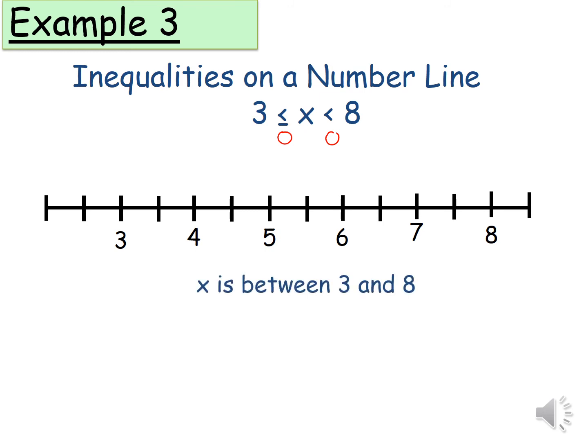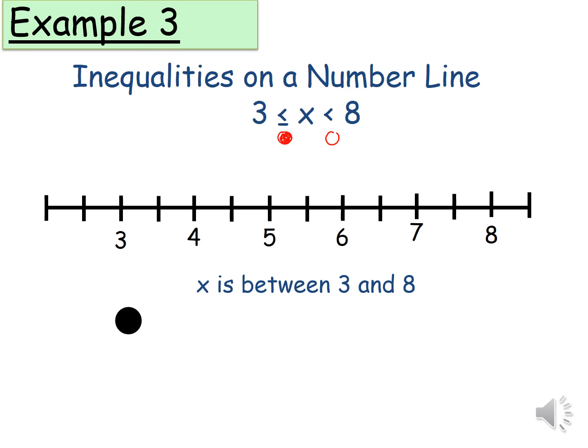So, what's the information we have so far? Again, x is between 3 and 8, we know that. Now, do we have any equal to? Because if it's equal to, we need to have a full circle. Yep, 3 is less than or equal to x, so I know this circle is going to be full.